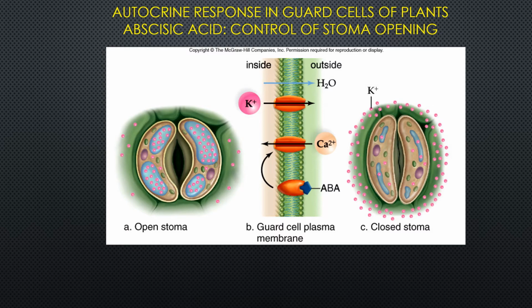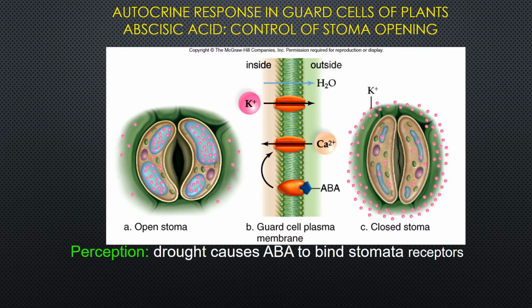So an autocrine response in these guard cells is those plant cells' response to drought, for instance. So the perception is induced by drought causing a hormone called abscisic acid to bind receptors in the plasma membrane of the guard cells.